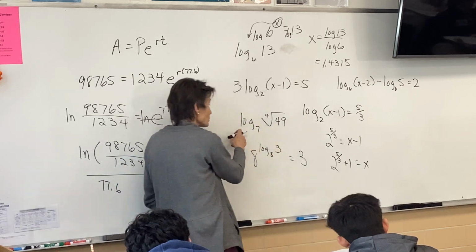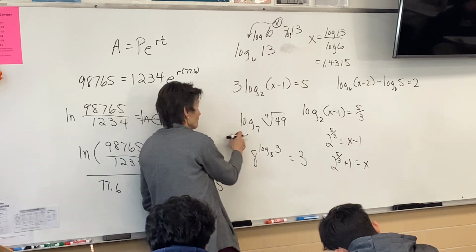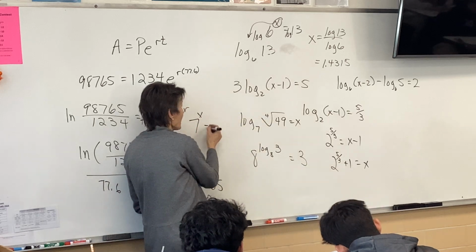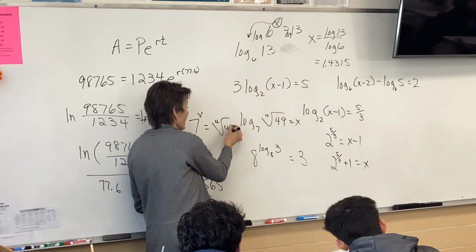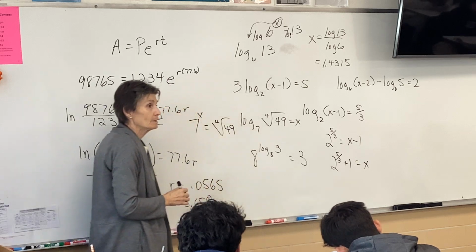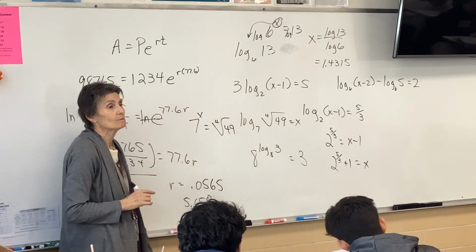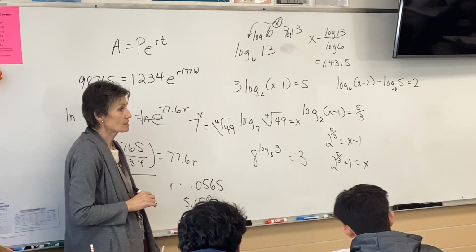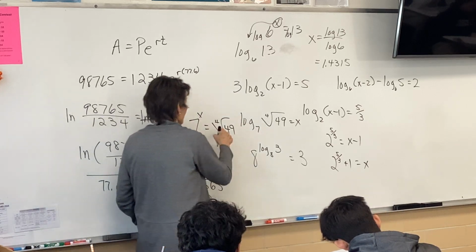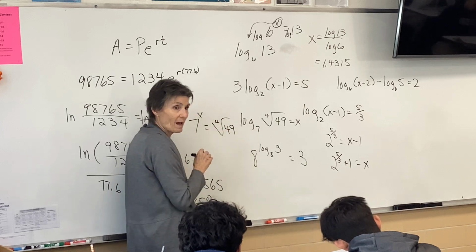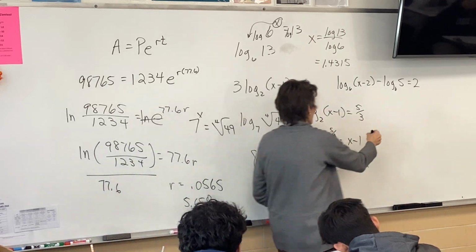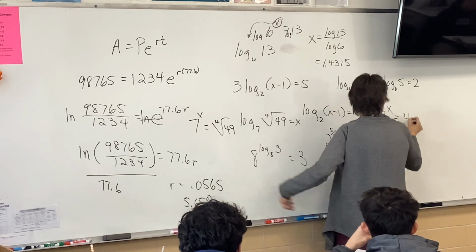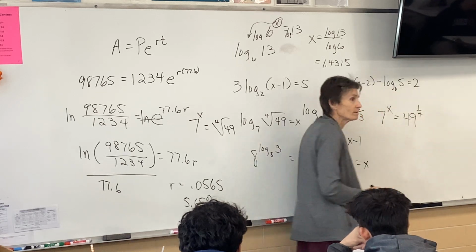Now, I said this one could also be a loop-de-loop. 7 to the x equals the fourth root of 49. Now, what's special about 49? The perfect square. It's 7 squared. And that means 1/4 power. So I have 7 to the x equals 49 to the 1/4.